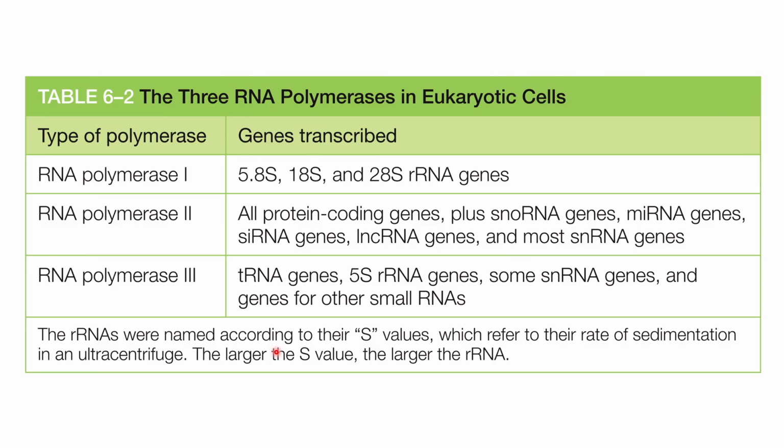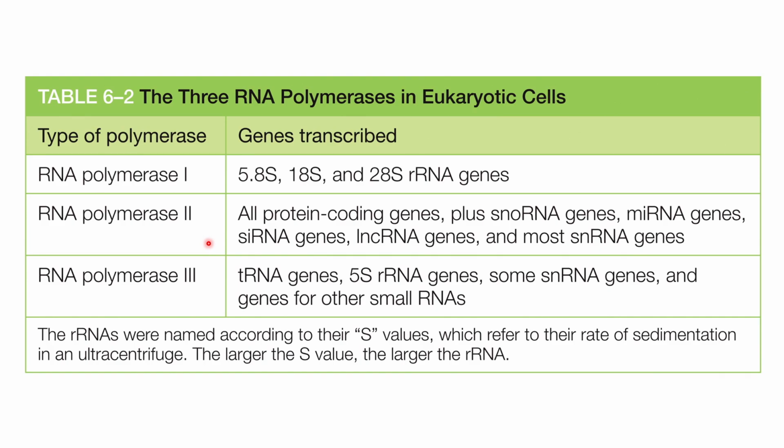For eukaryotic transcription, we have 3 RNA polymerases. Now, remember, eukaryotic cells are more complex. They are magnified 3x, 5x, 100x times that of a prokaryotic cell. So with more complexity, you need more tools. So RNA polymerase 1, 2, and 3 are those tools.